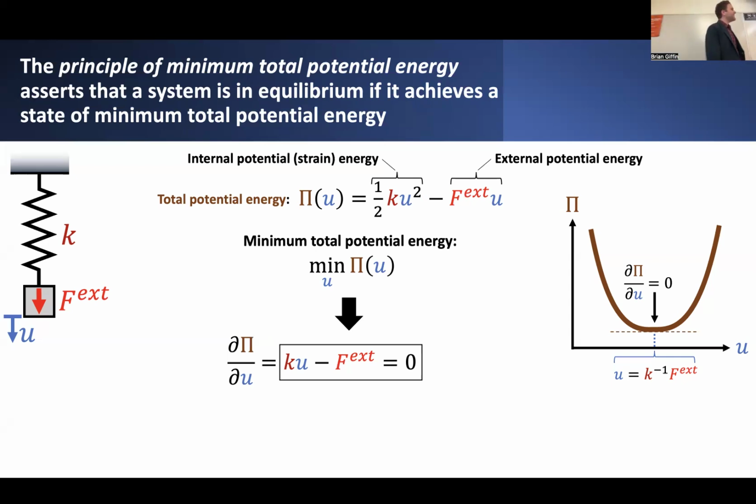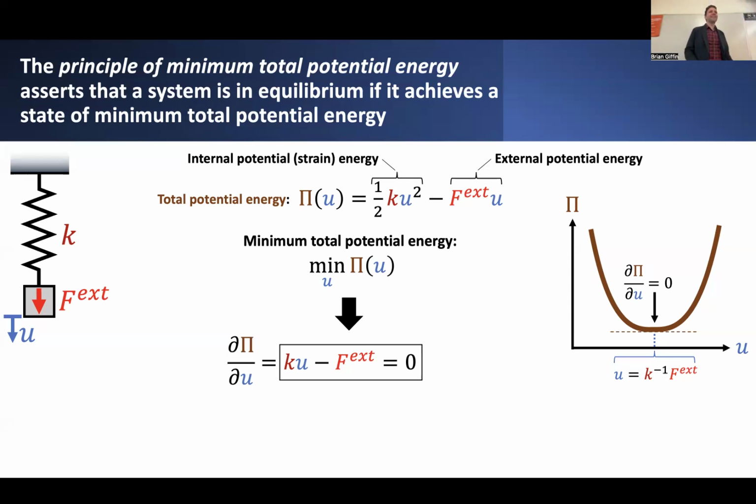So in other words, this function that I've defined here, this capital pi, expressed as a function of the displacement of the spring, if I choose to minimize this function, which you can visualize as a parabolic function of the displacements, which I could plot in this simple diagram. So effectively this parabolic curve.